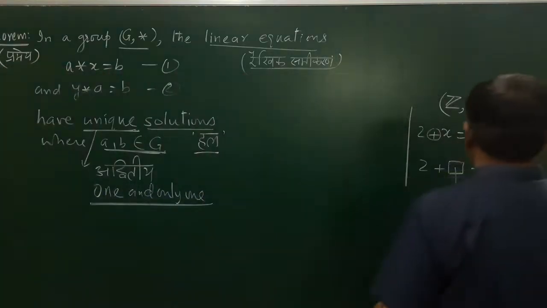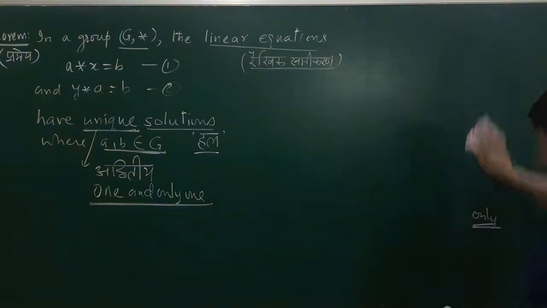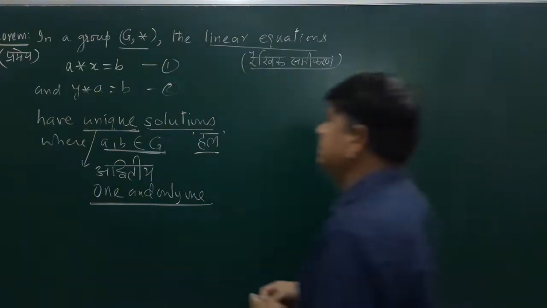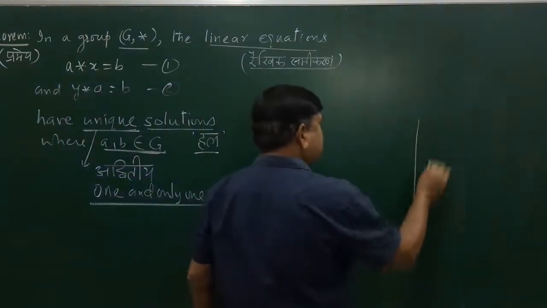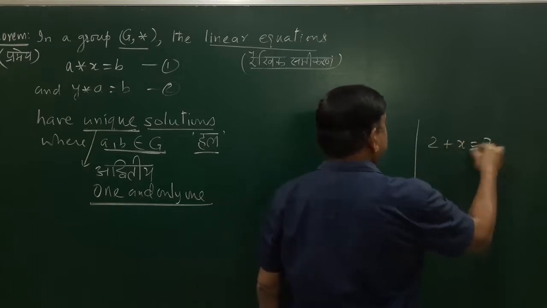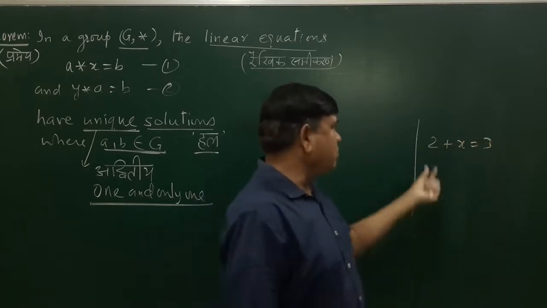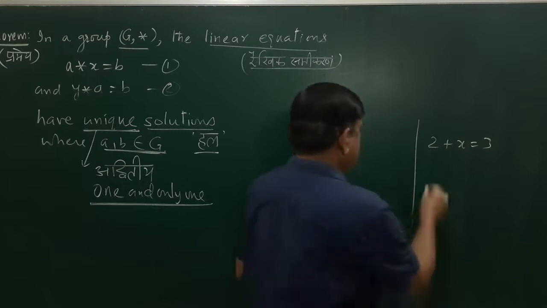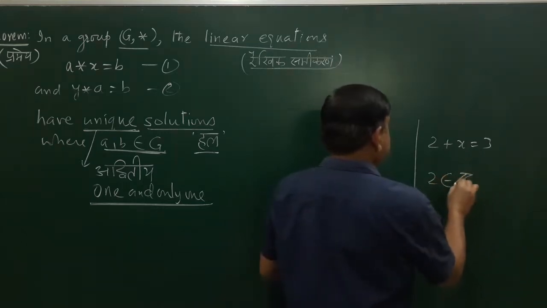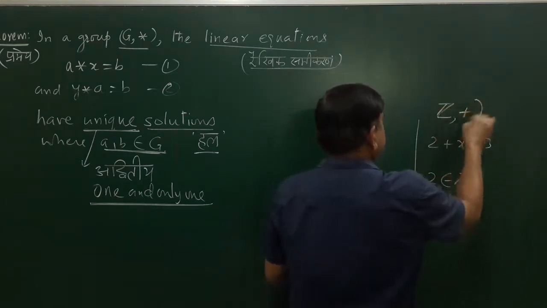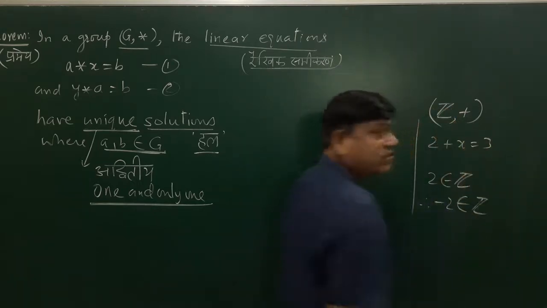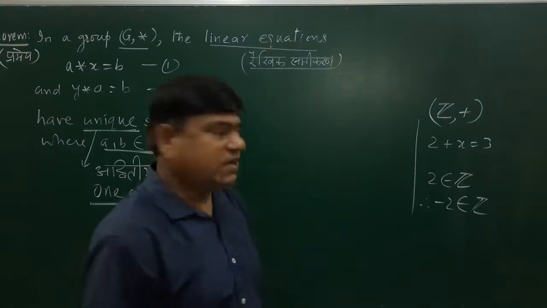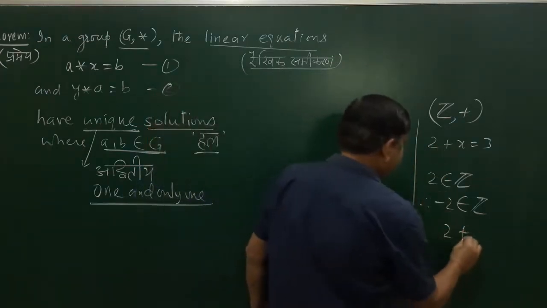How to prove? To find the solution, इसका सॉल्यूशन कैलकुलेट करने के लिए जैसे मैंने यहाँ लिखा था, this is 2 plus x equals 3. We do not want this 2, so 2 belongs to Z. This is the group. Therefore, minus 2 belongs to Z. Inverse of 2 is minus 2. Now we compose both sides.